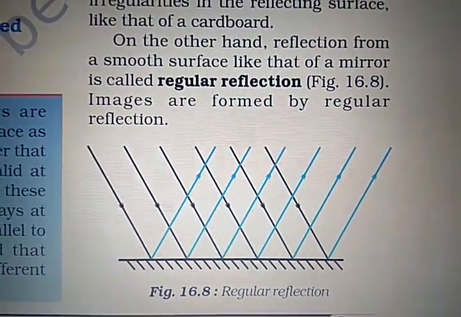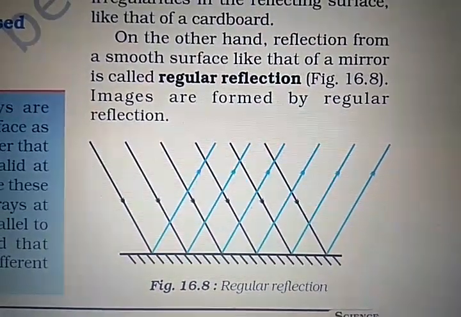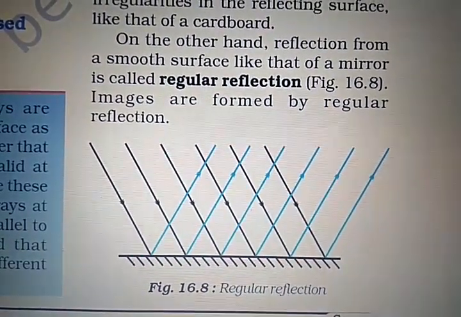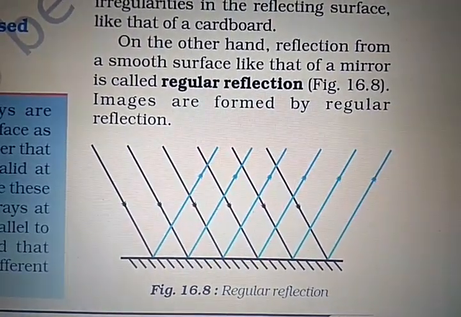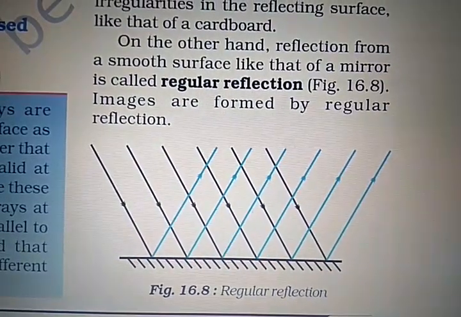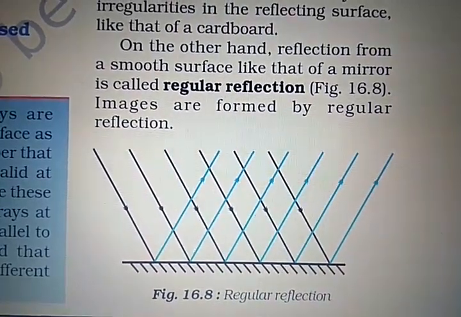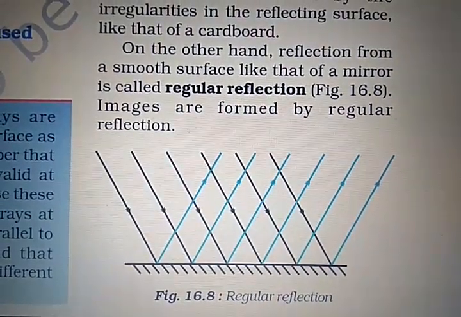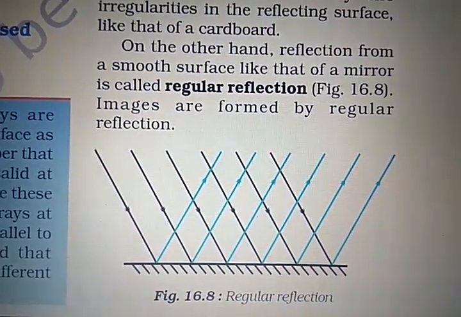On the other hand, reflection from a smooth surface like that of a mirror is called regular reflection. You see, the incident rays are parallel, and after reflection they are reflected back as parallel rays, meaning this is regular reflection. While in that case, after reflection they diffuse from one another, meaning they are not parallel to each other.